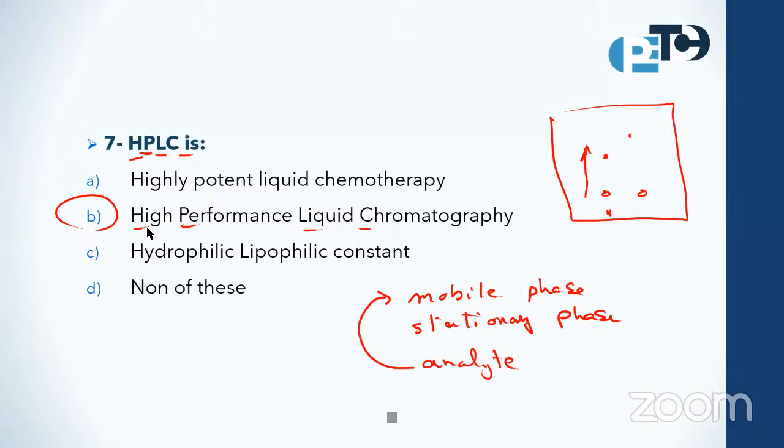One of the qualitative and quantitative types of chromatography is the HPLC, because it will give us a chart like this, containing the distance. The distance gives us the quality, which substance appears at this distance, while the intensity of the peak gives us an idea about the concentration of the substance.